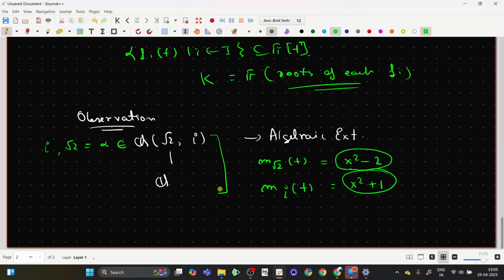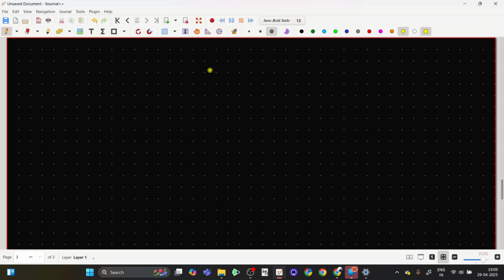Fine. In other words, what I actually want to claim here is the following. So let me go to the new page. I will fill up the gaps in a bit, but let me just serve it as an observation till now. Let K over F be an algebraic extension.